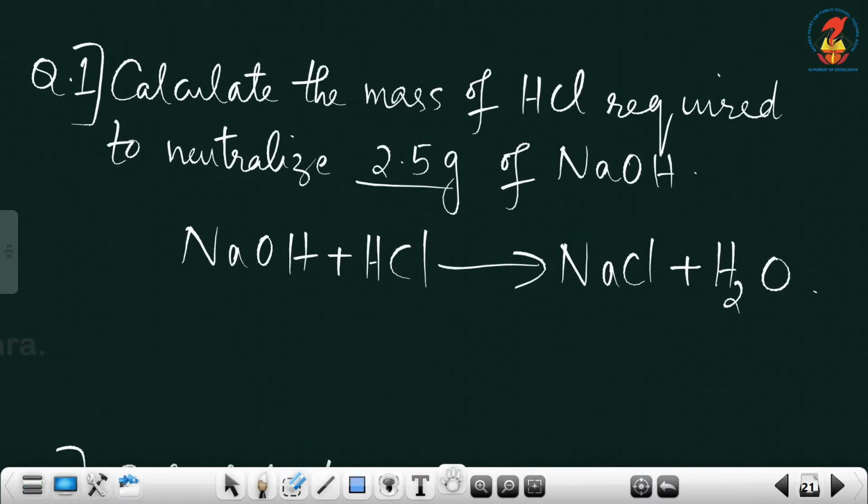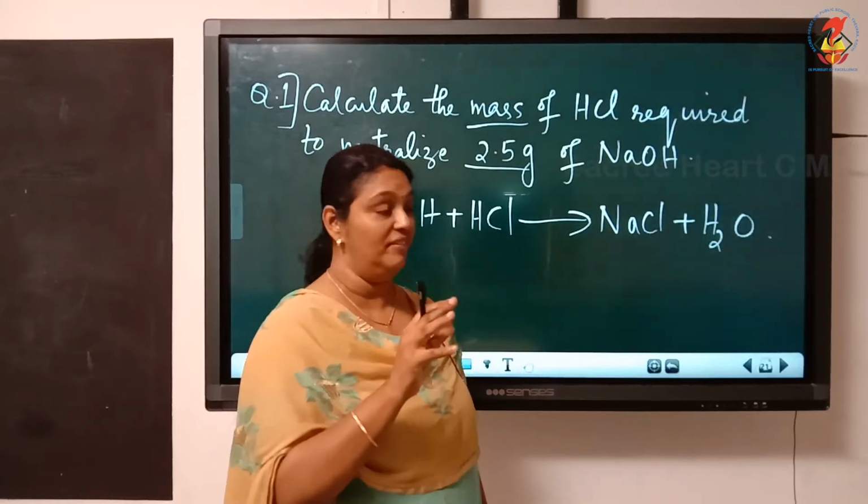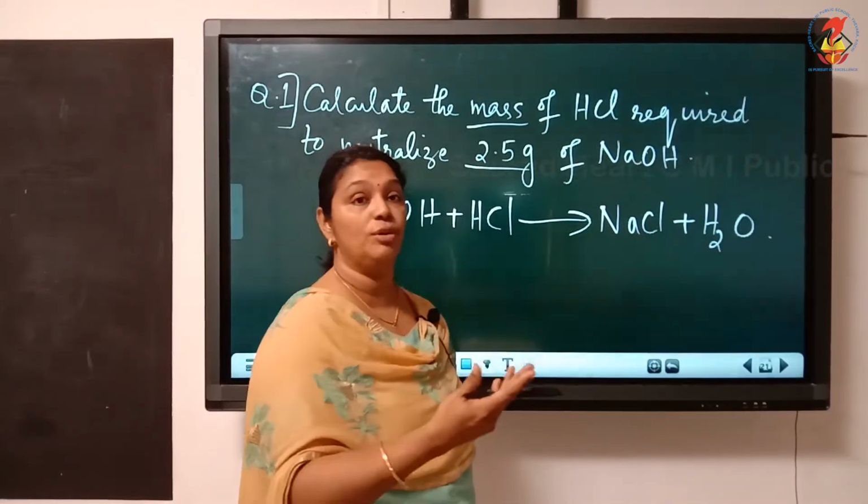Now, the question is to calculate the mass of hydrochloric acid required to neutralize 2.5 gram of sodium hydroxide. The mass of sodium hydroxide, 2.5 gram, is given, and you have to find the mass of hydrochloric acid required.